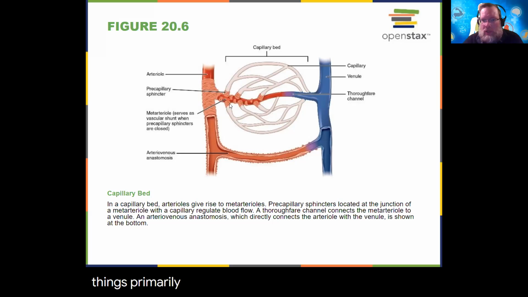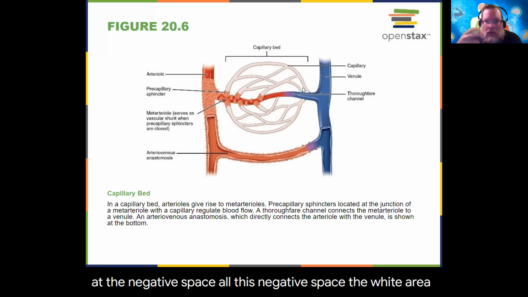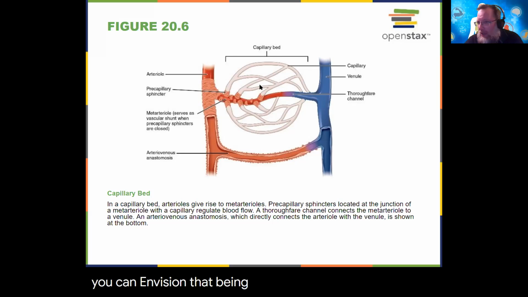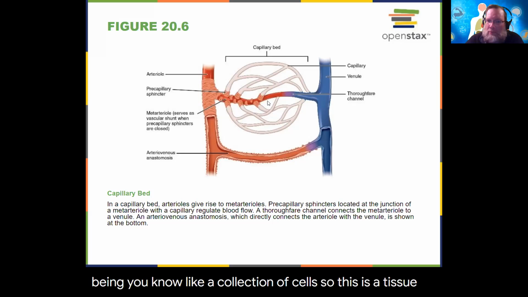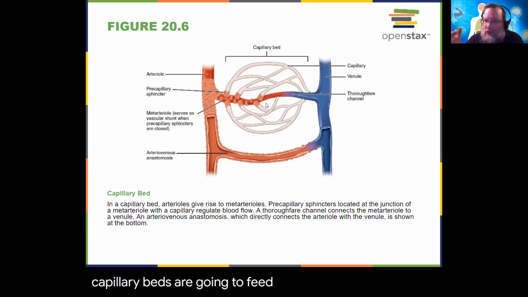If we look at the negative space, the white area, you could envision that being little cells, and this whole thing being a collection of cells. So this is a tissue. Capillary beds are going to feed cells, and they're going to be located within tissues of organs.